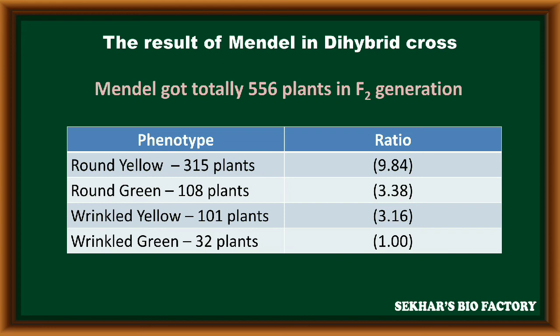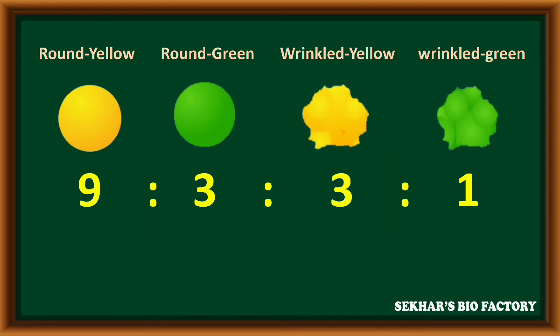9:3:3:1. Phenotypic ratio, especially out of 16 plants: round yellow plants are 9, round green plants are 3, wrinkled yellow plants are 3, wrinkled green plants are 1.